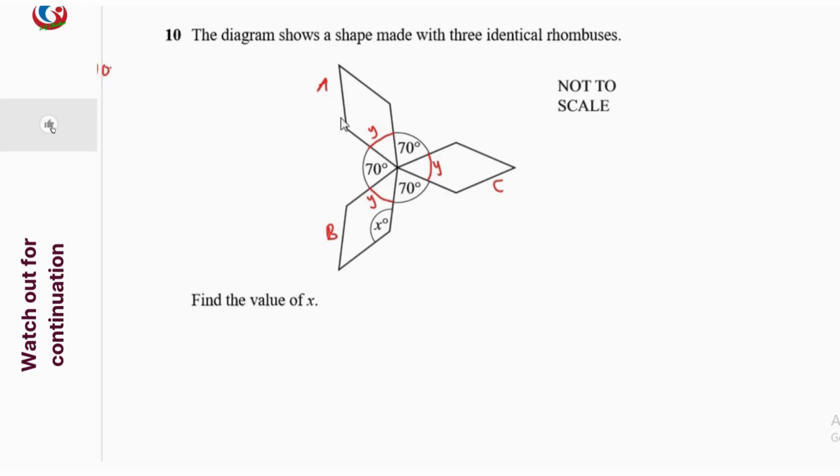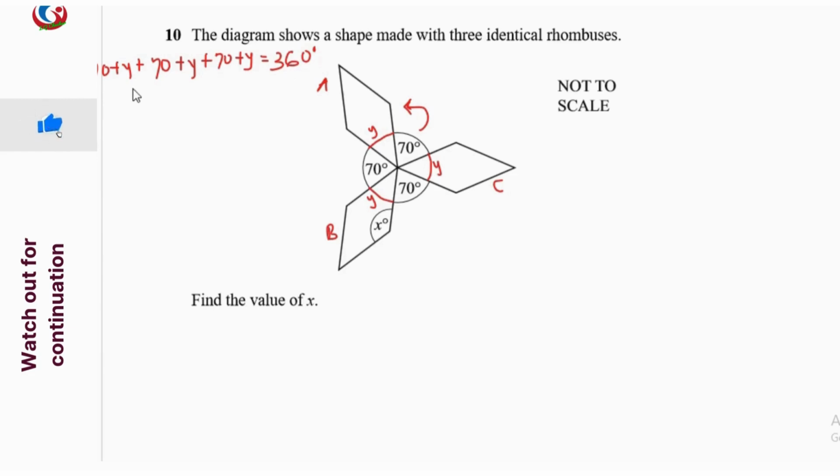70 plus y, because we want to start moving from this point like this, okay, in this direction. So 70 plus y plus the next 70 plus the next y plus the next 70 plus the next y will give you 360 degrees, the sum of angles in a circle.